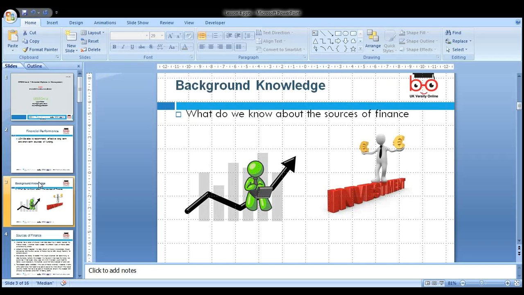Does anybody know what is meant by sources of finance? What are the key sources of finance? How can you raise money? When you need money, we have different sources of finance.